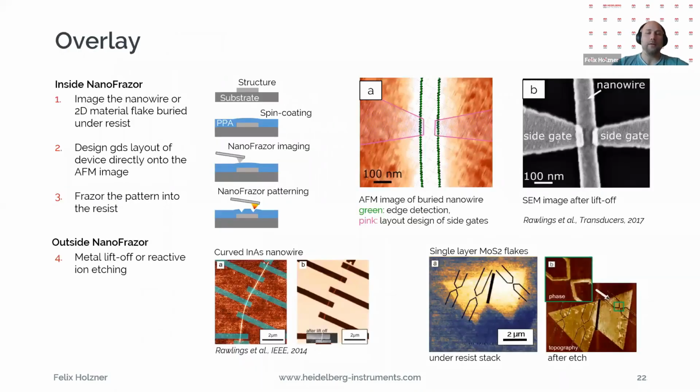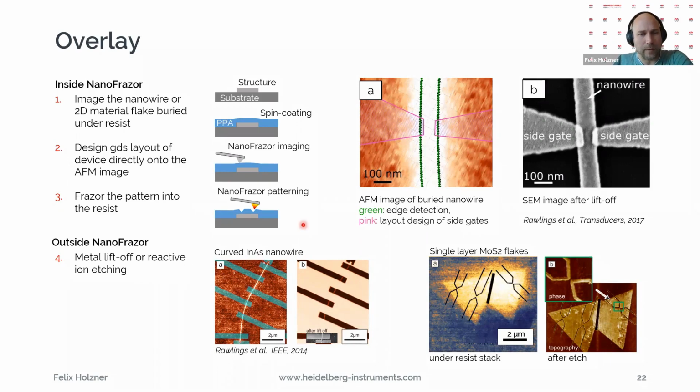Okay, then for real device fabrication, it's not only about high resolution features or dense features, it's also very often required to place the pattern on a very precise location on your substrate relative to an existing structure. And usually people use markers, artificially make markers somewhere on the structure which they detect and then have to move from the marker to the region of interest.